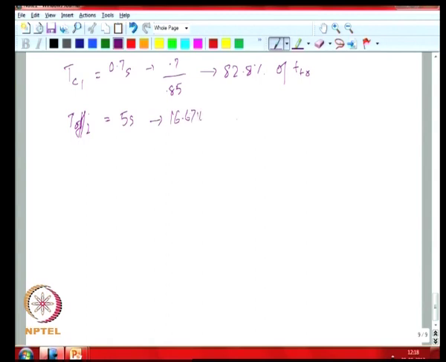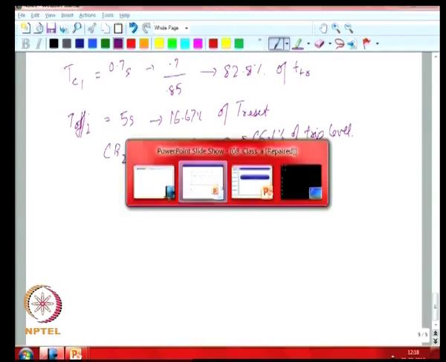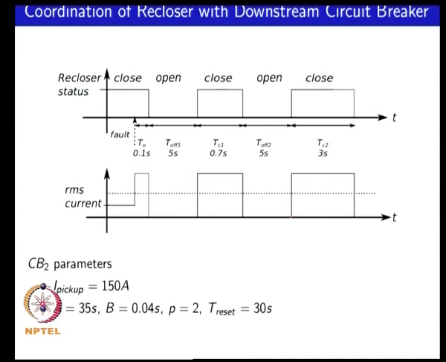So, if you look at your circuit breaker, at the end of your second T off duration, so at this particular point over here, you are now about 66% of your trip level in your circuit breaker.